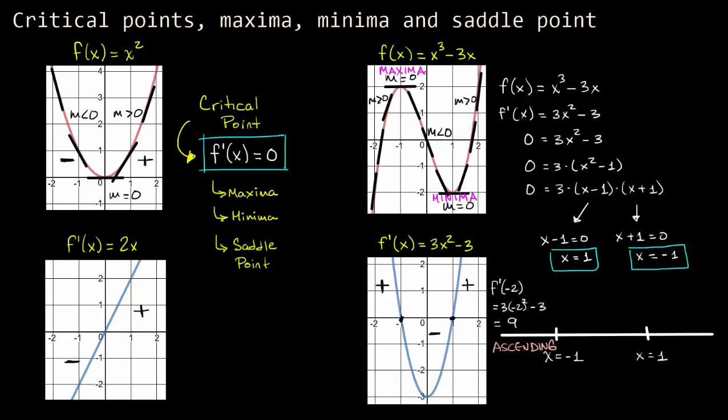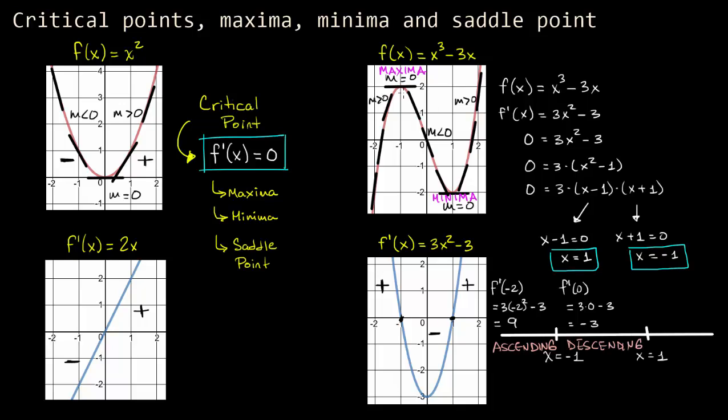Now, I'm going to do the test with a value between the -1 and 1. Let's say I'm going to pick f prime of 0, which is typically the simplest one. F prime of 0 will be, of course, 3 times 0 minus 3. And, of course, we get a negative result. This negative result would imply that the function in between these two values would be descending, or would be negative, in this case for the slope.